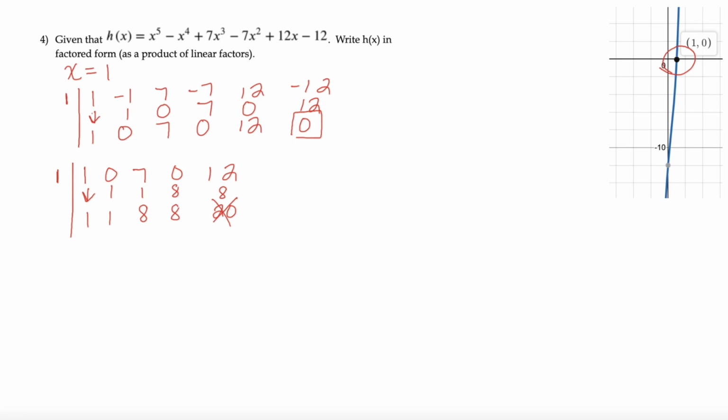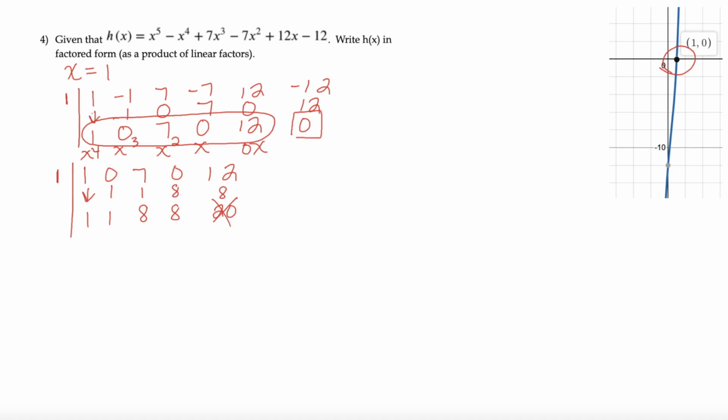What that means then is that we have a polynomial here that we can look at in its reduced form. So we'll have 0 x's, so 12 will be our constant, x, x squared, x cubed, x to the 4th. So there's our coefficients.